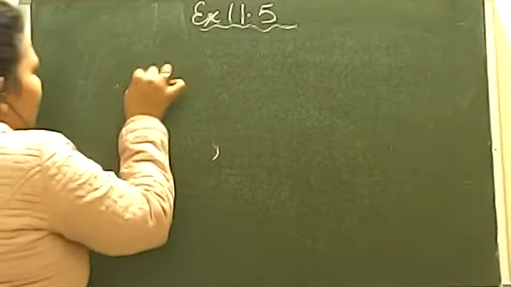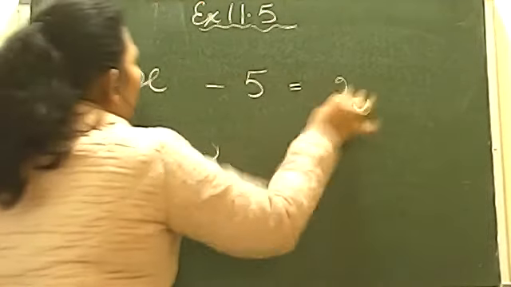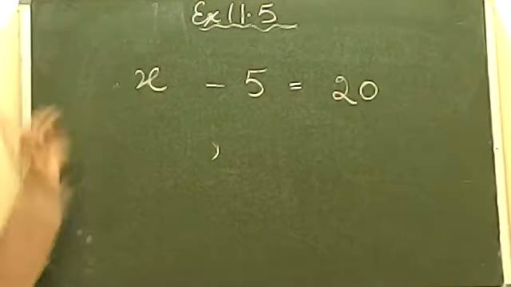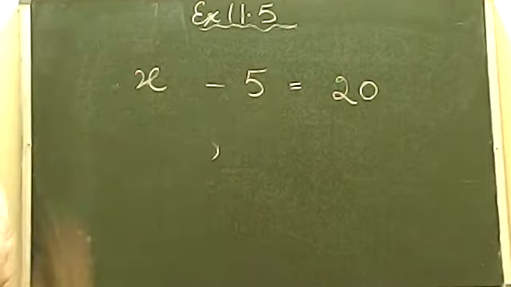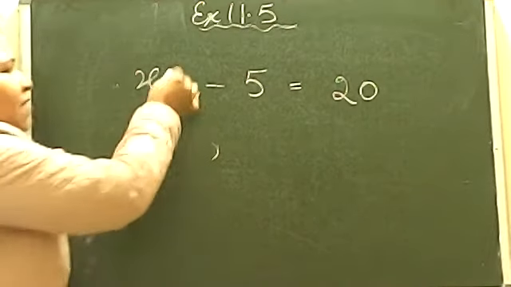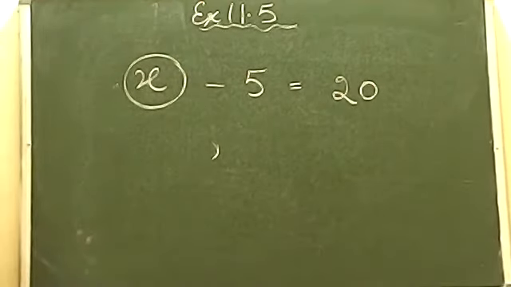Now let's start with the first one. Suppose I give you a question, x minus 5 is equals to 20. Okay, suppose this is an equation and I gave it to you. Now think of it, ऐसा कौन सा नंबर है जिसको हम x की जगह पर रख दें, and when we subtract 5 from that number you should get 20.